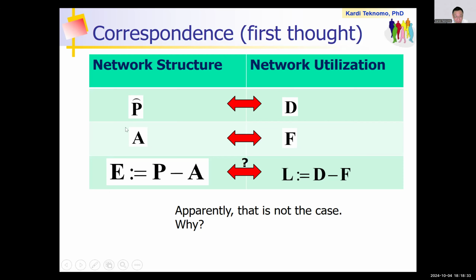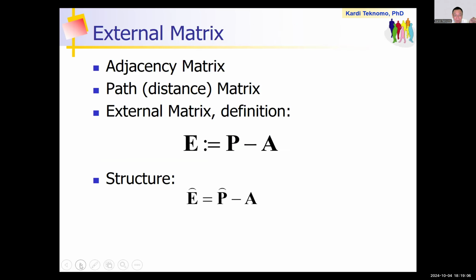When you binarize the adjacency matrix, the pattern will be exactly the same as the pattern of the flow matrix. Then the question is, because the external matrix is P minus A and L is D minus F, maybe the pattern should be the same, right? Apparently, this is not the case. In reality, the pattern of the indirect matrix is not the same as the external matrix. This is interesting.